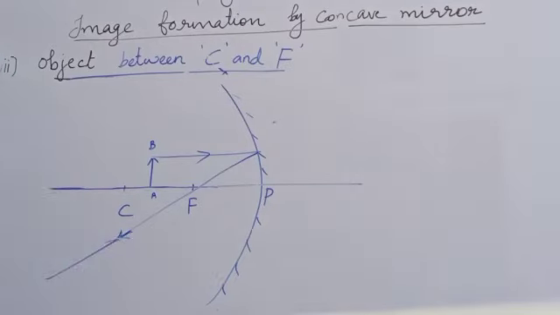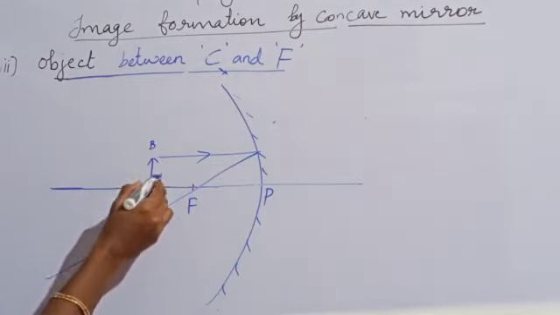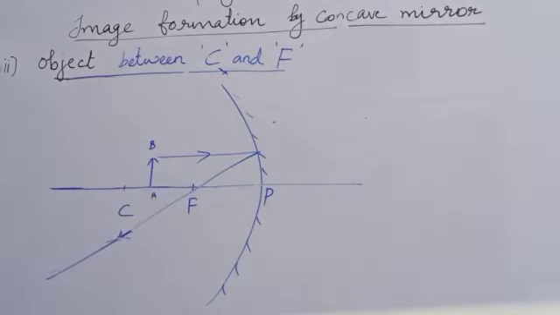Now we have to get one more ray to intersect with this. We can apply the second or third rule, which can intersect with this first reflected ray.